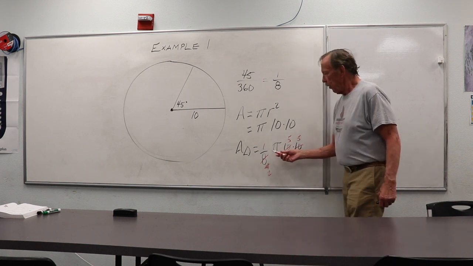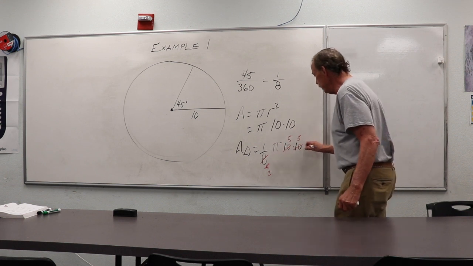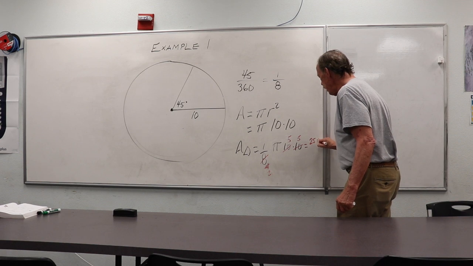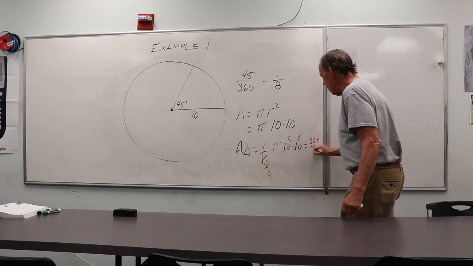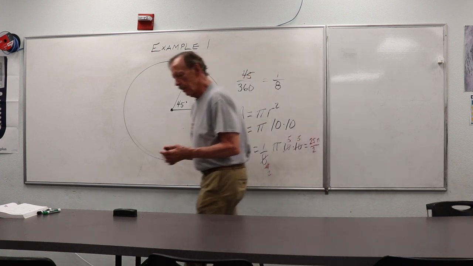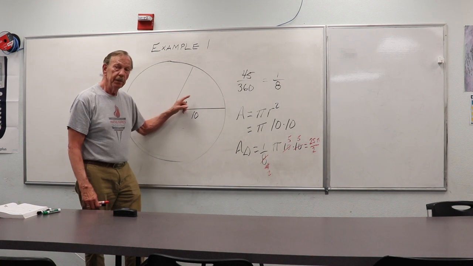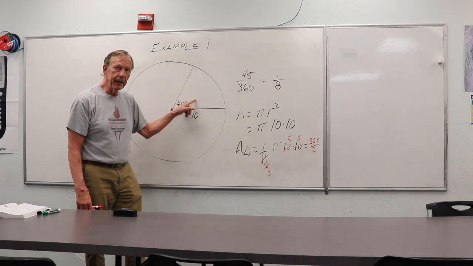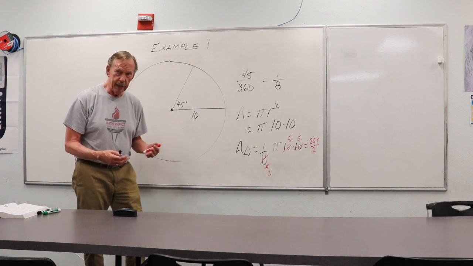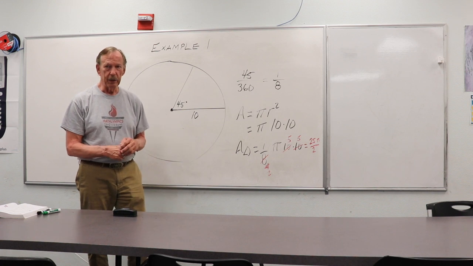So our final answer, 5 times 5 times pi over 2, 25 pi over 2. The area of this sector is 25 pi over 2, or 25 halves of pi. You could say that either way would be correct.